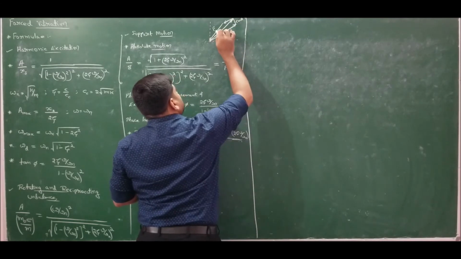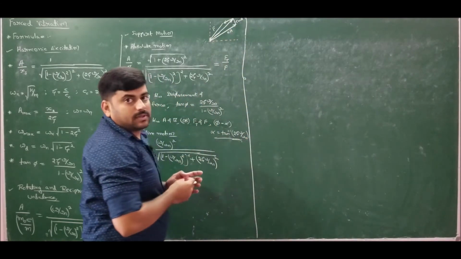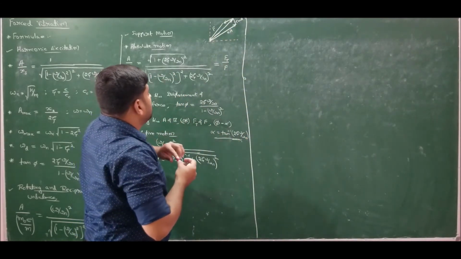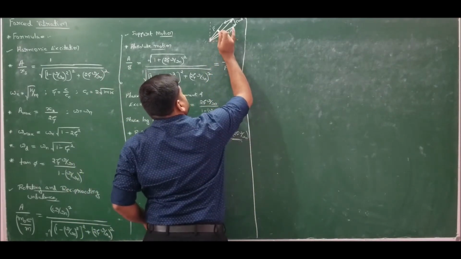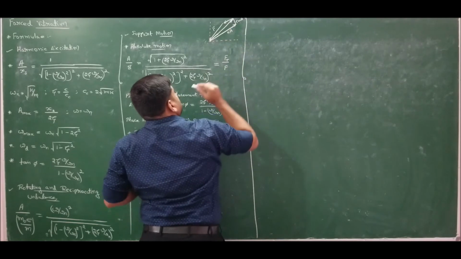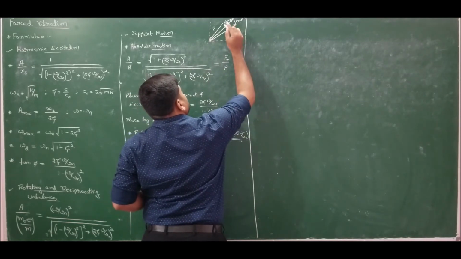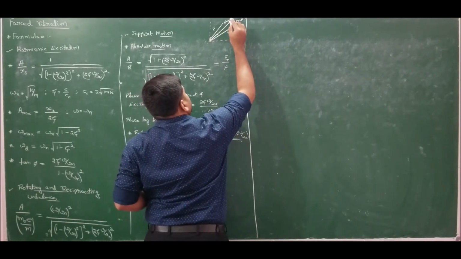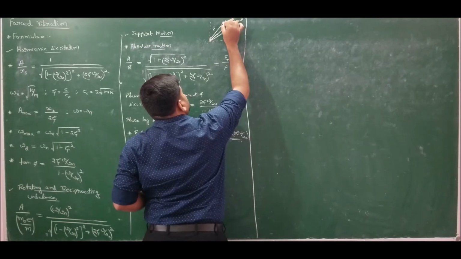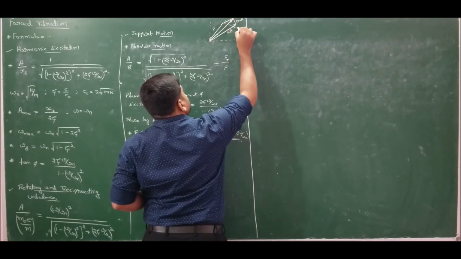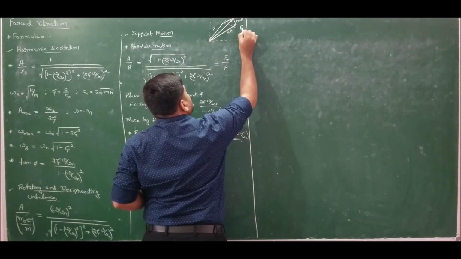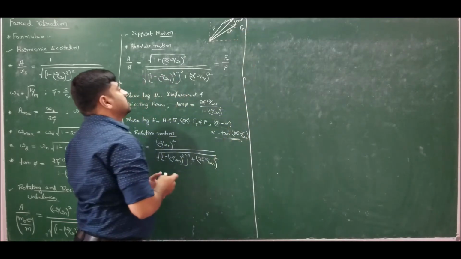In our previous lecture we discussed critical speed of shaft. Previous to previous lecture we discussed transmissibility ratio, and this is force transmitted to the foundation, Ft.